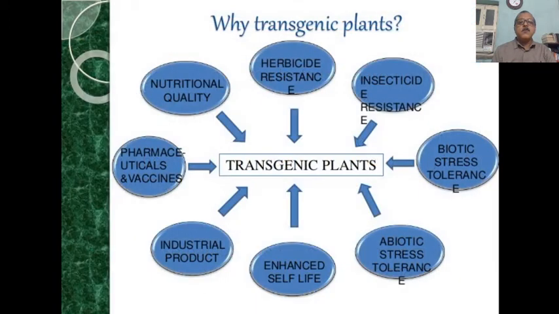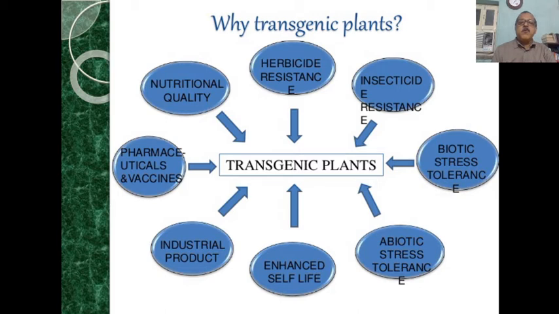Next, why transgenic plants? As we know, the population of the world is increasing and the traditional way of doing agriculture is not enough to feed the increasing human population.